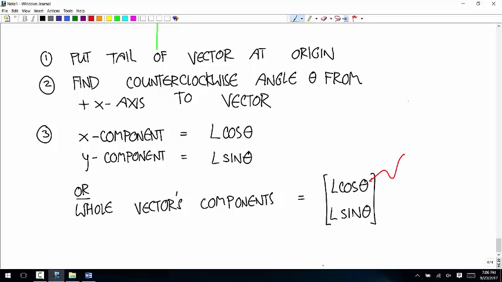This is a useful way of writing the components of a vector. In this class we're not going to see how it's useful, but there are a lot of ways that this form makes math easy. The top one in this matrix form is the x component, and the bottom one is the y component.